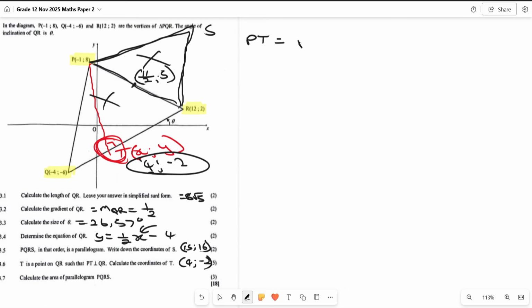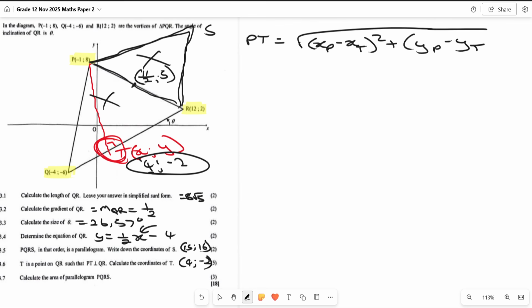So let's calculate that. Length of PT will say x of P minus x of T, squared, plus y of P minus y of T, squared. Right, our P is -1 and our T is going to be -4 since it's 4 there, squared, plus our y is going to be 8.